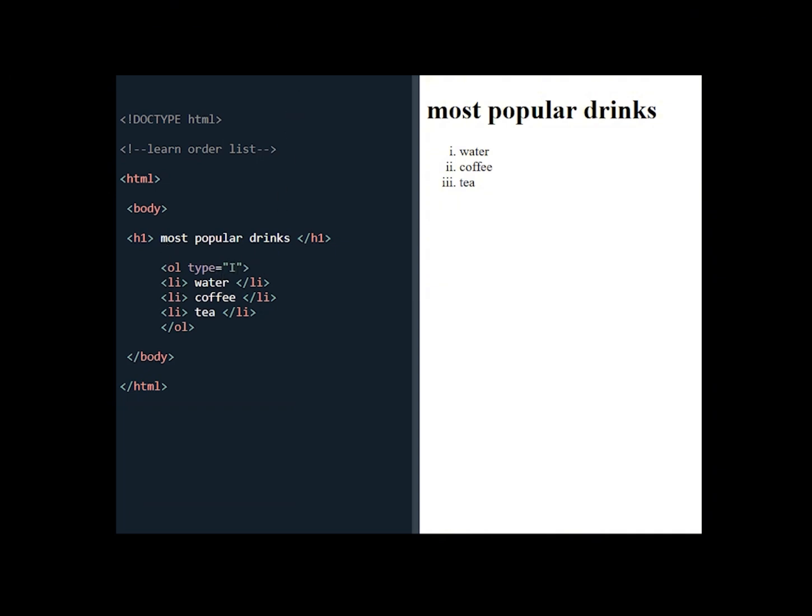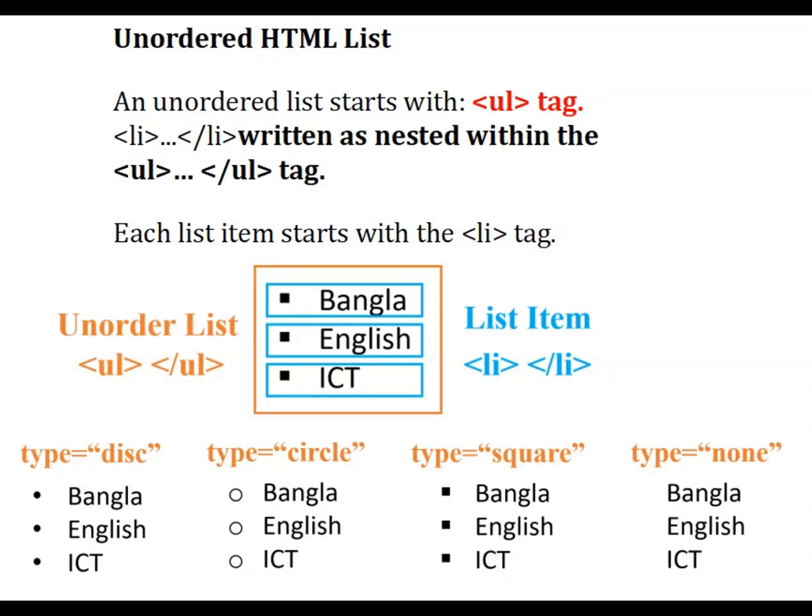Similarly, okay. If you'd like to publish any items within our web portal as square, circle, or disc, as shown on the screen, you can see that. In that case, we can use unordered list.